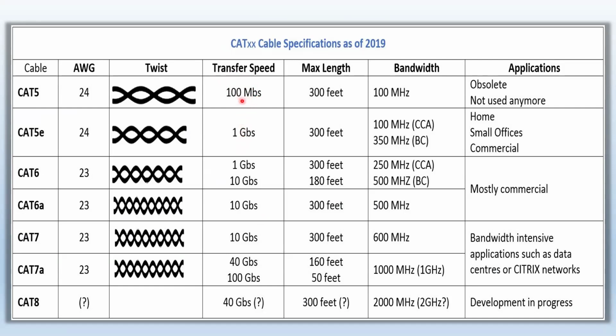So how fast can we transfer the bits in the cable so the signal is understood on the other end of the cable? Maximum length, you could see 300 feet is the maximum length that you could have with category cable, with annotation to that, and I'll get to it in a second.